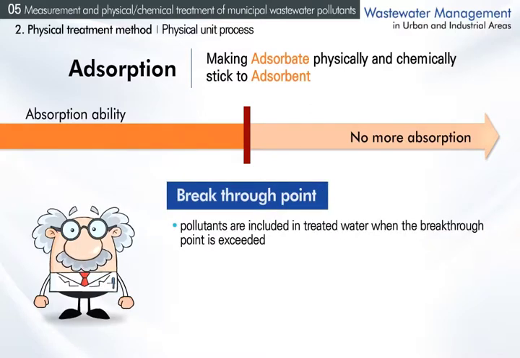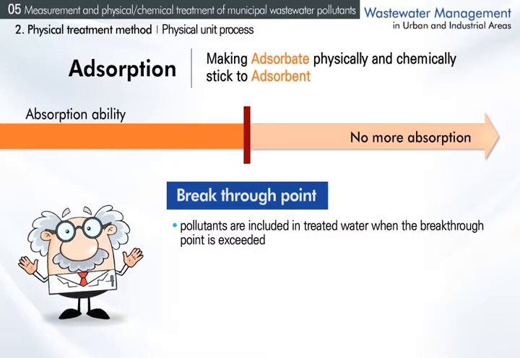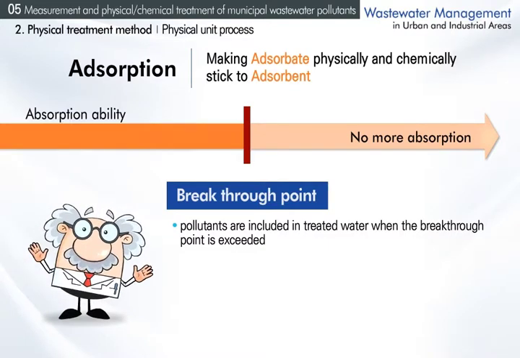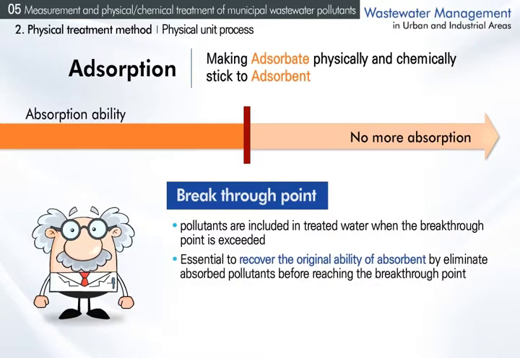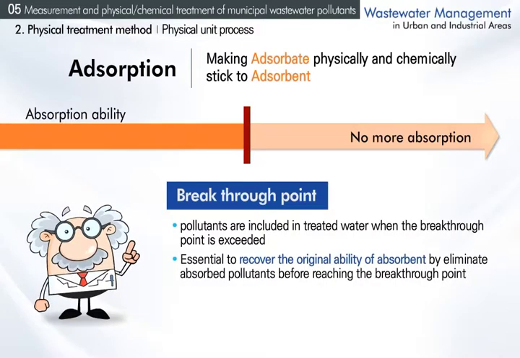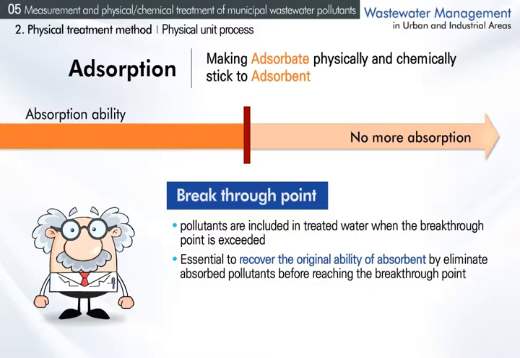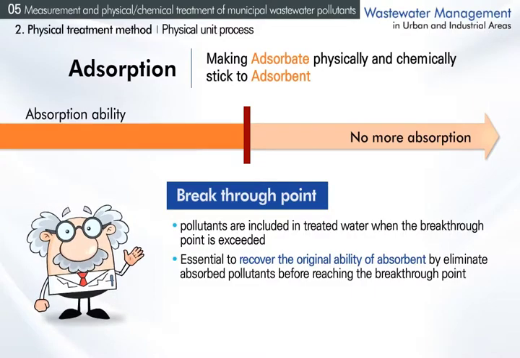When this breakthrough point is passed, pollutants are not eliminated and are discharged in treated water. So it is essential to recover the original ability of adsorbent by eliminating adsorbed pollutants before reaching the breakthrough point.